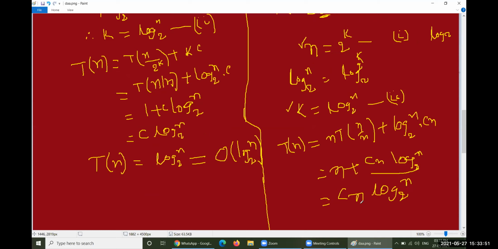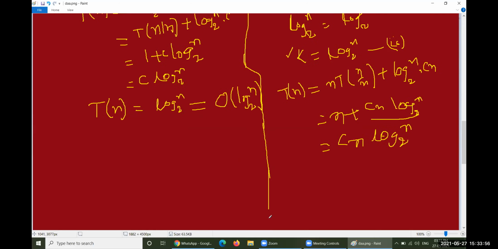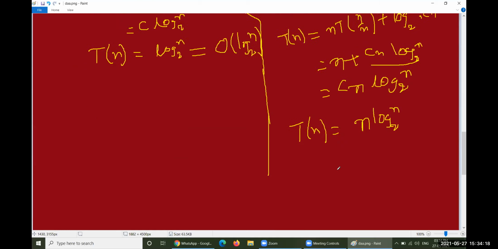Constants are not supposed to be taken in approximations. In terms of asymptotic notations, constants are not supposed to be considered, so you have to eliminate them. Then T of n will be equal to n log base 2 of n. Therefore, it can also be called big O of n log base 2 of n.